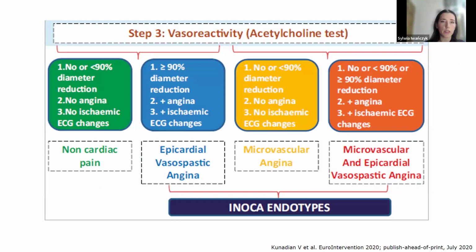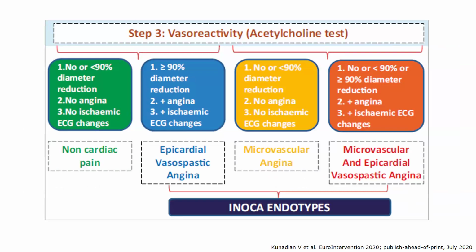When we have a reduction in coronary diameter of more than 90%, plus angina and ischemic ECG changes, we can recognize epicardial vasospastic angina.